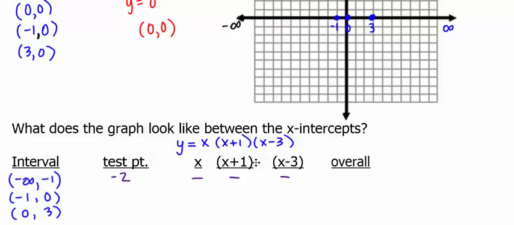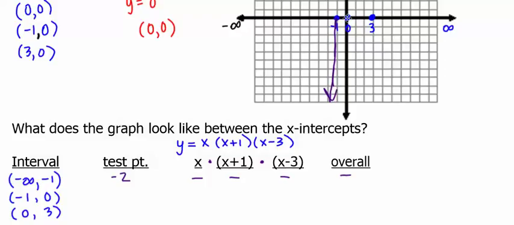It is a negative. And when I multiply these three factors together, a negative times a negative times a negative gives me an overall negative. So when I put a negative 2 in, I'm going to get a negative output. So my graph is going to be falling here to the left.